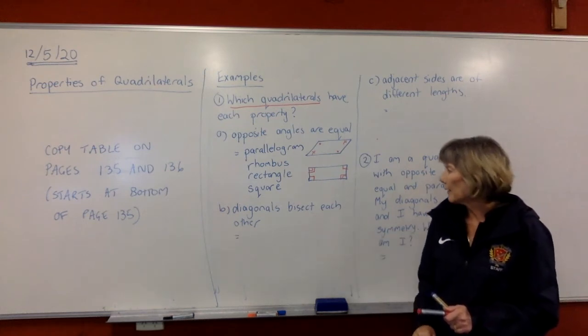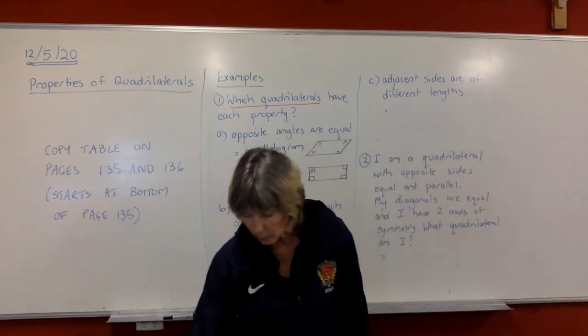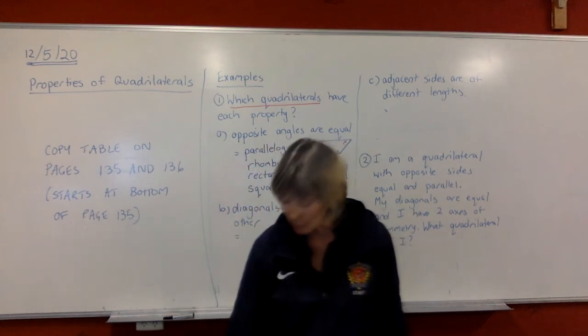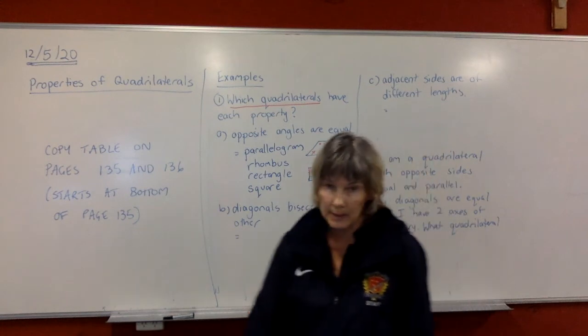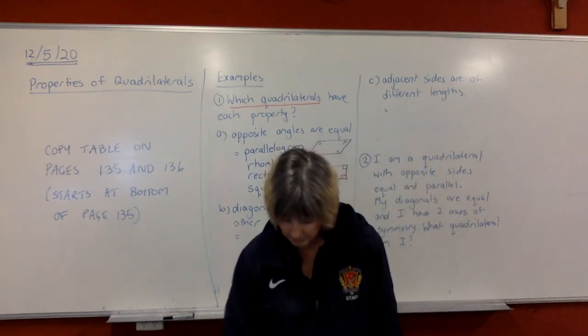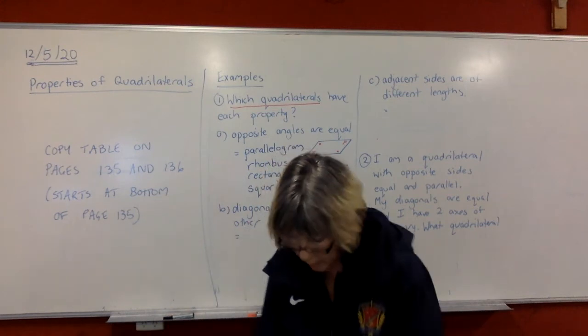So we have diagonals bisecting each other. So the first shape in your table is a trapezium. Not much happens with the trapezium. Those diagonals do not bisect each other in a trapezium. Let's look at the next one, the kite.